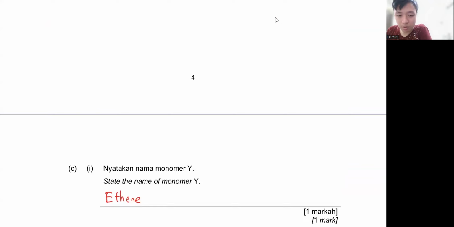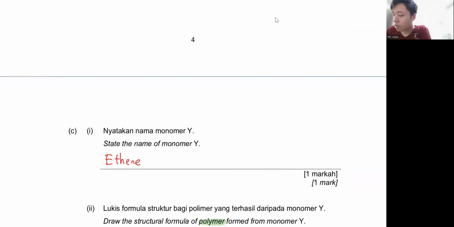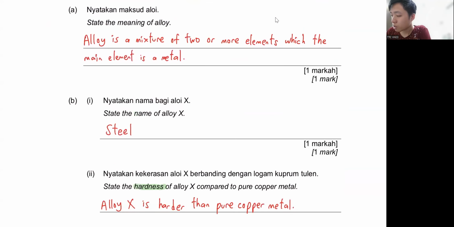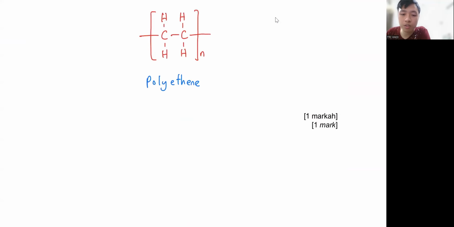Polymer. Now, polymer, remember how to draw? This one is the monomer. If the monomer becomes a polymer, the double bond you take out becomes a single bond. Then you have to draw a square bracket.